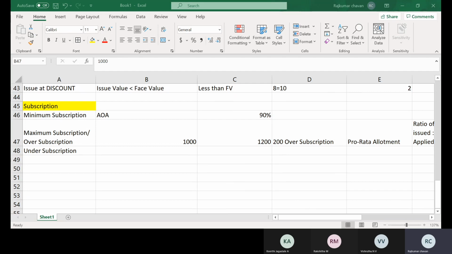They give shares based on proportion ratios, which is called pro rata allotment. If you apply for 10, you may get only 2 or 3, because they want to give to everyone. That is called oversubscription.